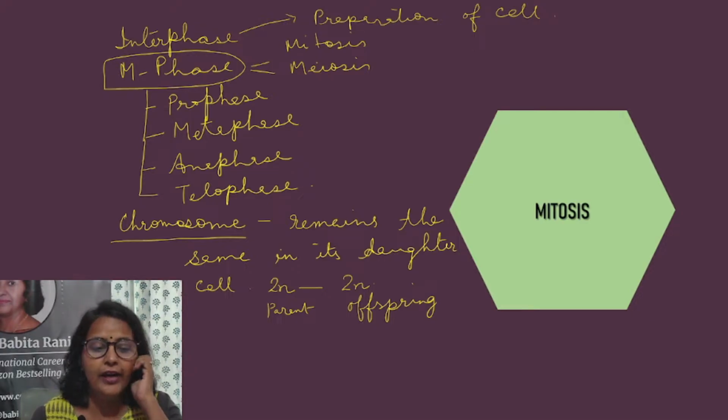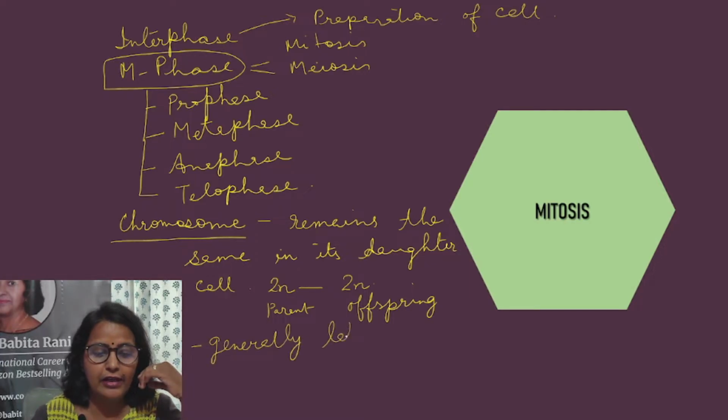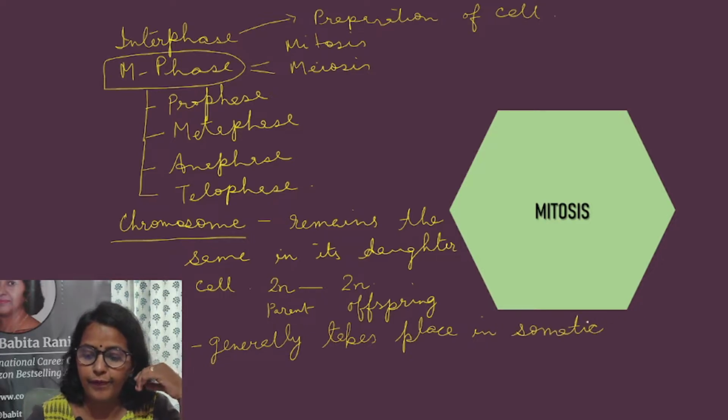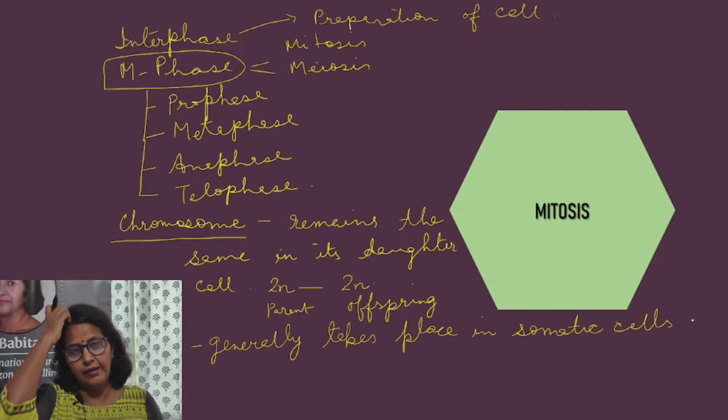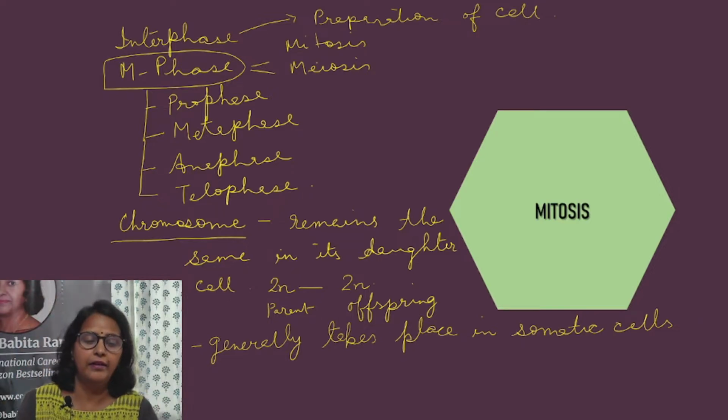Now, in which cells does mitosis take place? It generally takes place in somatic cells. What are somatic cells? The cells which are not taking part in reproduction.